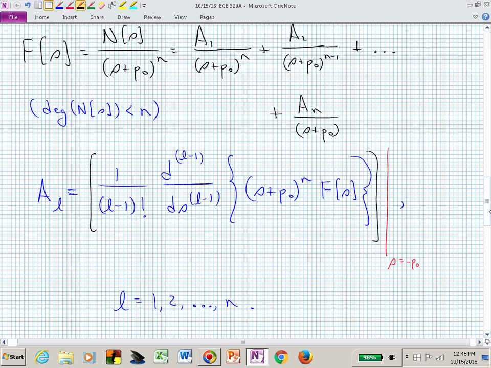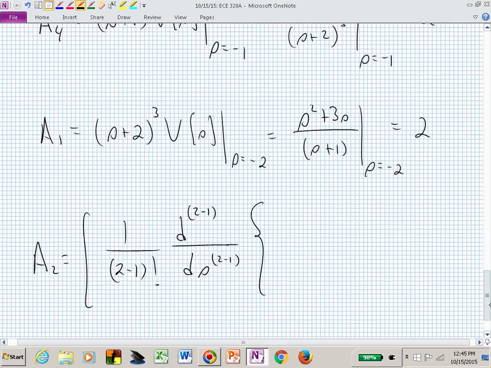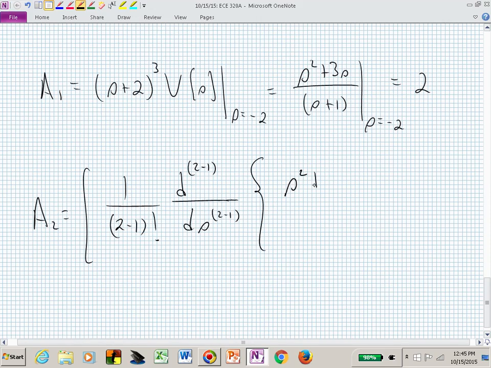And if we hit v of s with (s plus 2) cubed in the numerator, that cancels, and we're left now with (s squared plus 3s) over (s plus 1). And we need to differentiate that 2 minus 1 times, and then evaluate that at s equal to minus 2.